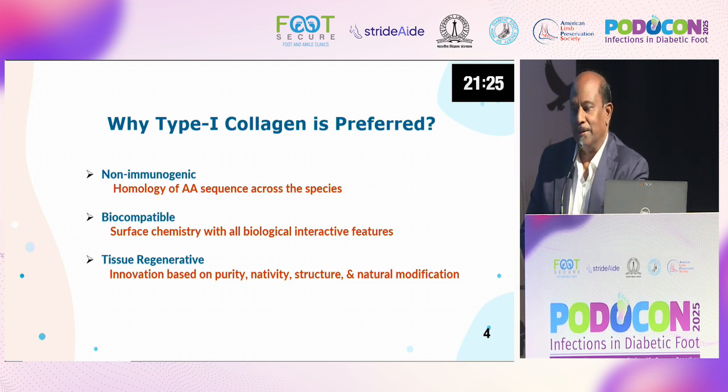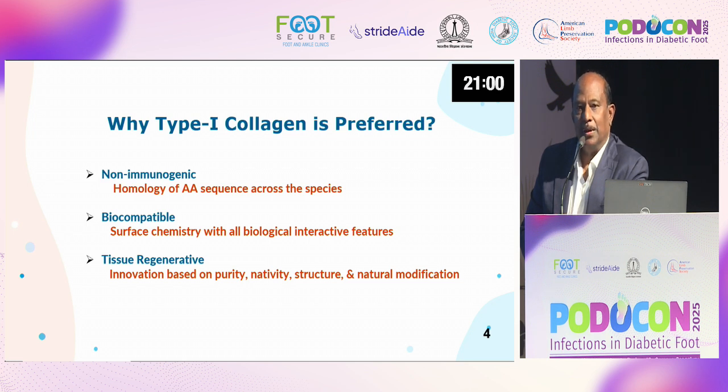Now I'm addressing the reason why I prefer type 1 collagen compared to the other collagens. Number one, the homology, or the amino acid sequence, across species. I'm not talking about intra-species, but even across species.